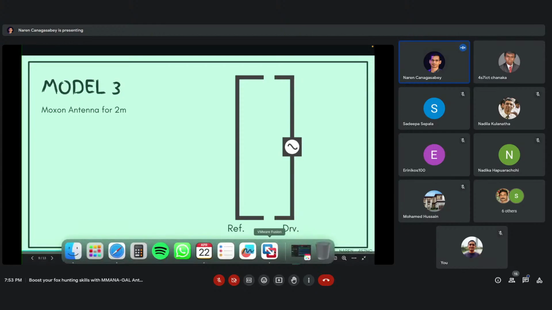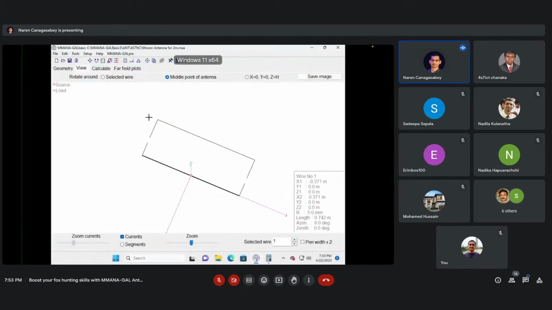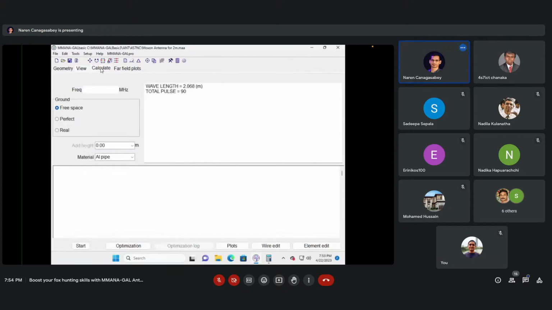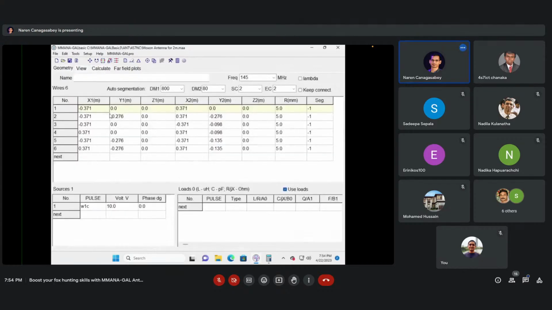We go back to the Moxon design. So you can see here's a 2-element Moxon which I have modeled based on the measurements given by the modeling software. So here we have the separate elements.